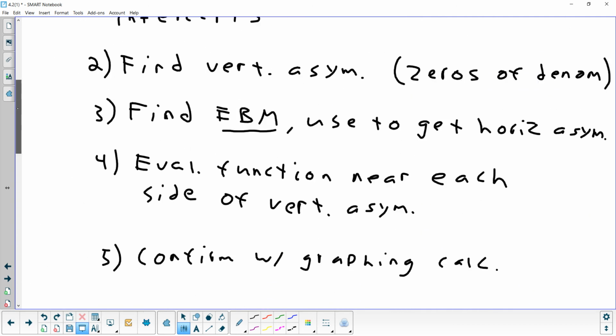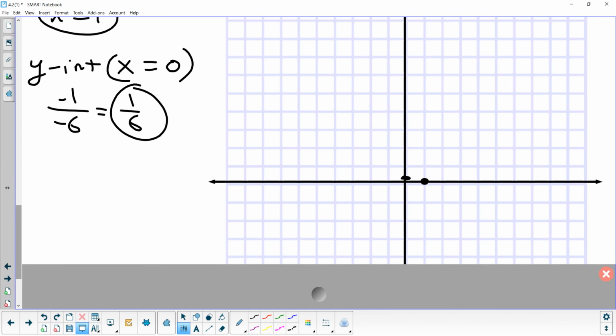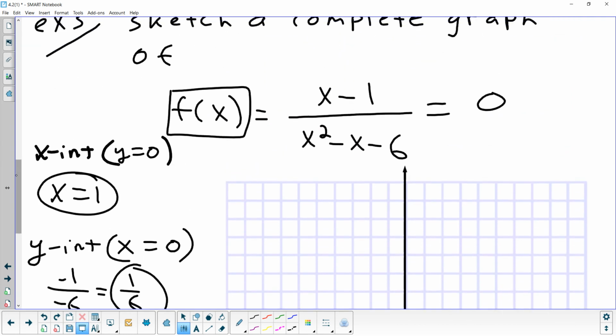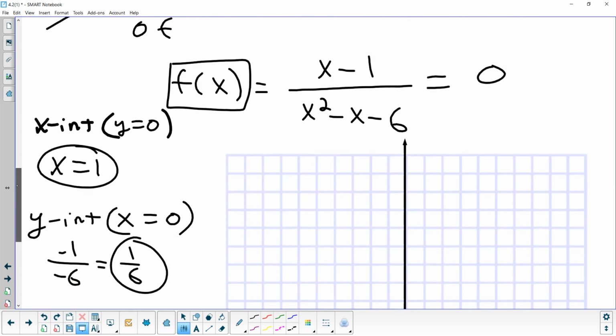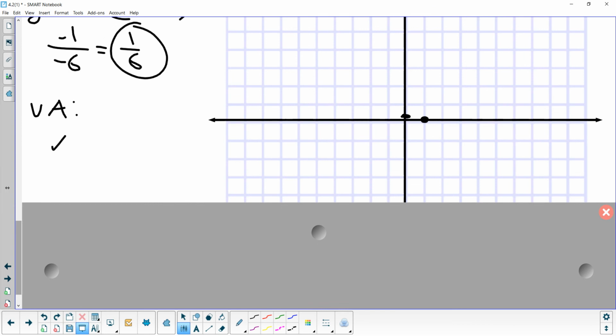Let's find the vertical asymptotes. Vertical asymptotes are where the denominator is equal to 0. What could we do to the denominator to make it easier to see the roots? Factor it. So x squared minus x minus 6.